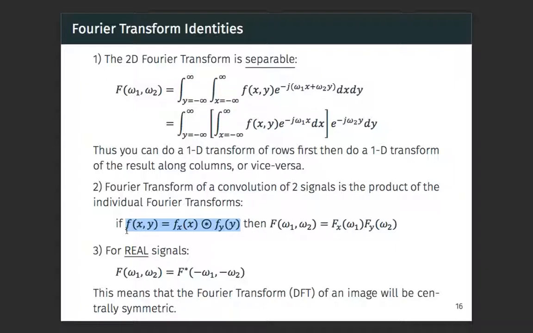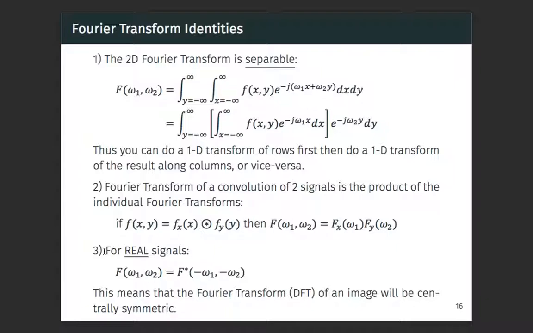So basically, the blur mask can be obtained as a convolution of a blur mask in x convolved by a blur mask in y. But if you have that, then the Fourier transform of that 2D mask is just the product of the Fourier transforms taken separately on the 2 masks. That comes down to the fact that convolutions become multiplications later on.